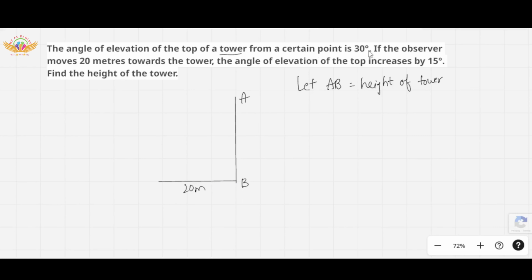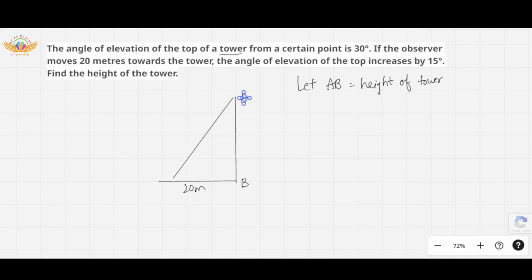Also, the angle of elevation of the top increases by 15 degrees. So here, the angle of elevation of the top of the tower from a certain point is 30 degrees. So from this certain point I'm taking it as 30 degrees.